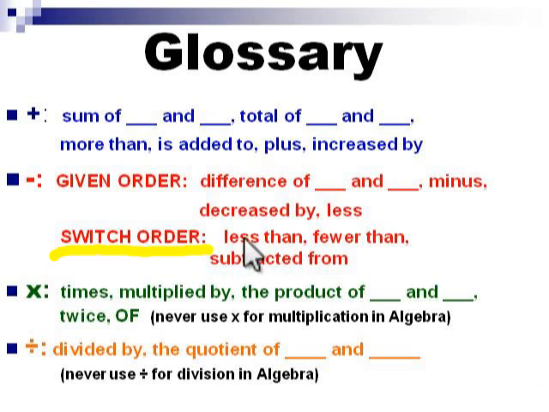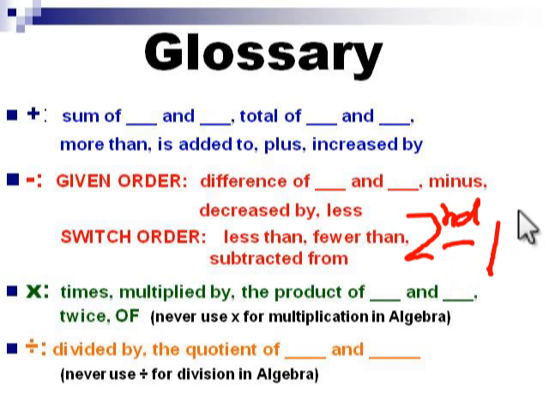So for example, if it says 7 less than a number, the second thing comes first in the subtraction, and the first thing comes second. So you're going to do the thing that comes second, minus the first. That's my little hint about subtraction.